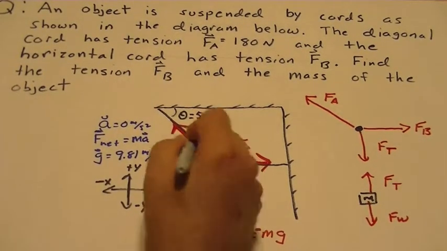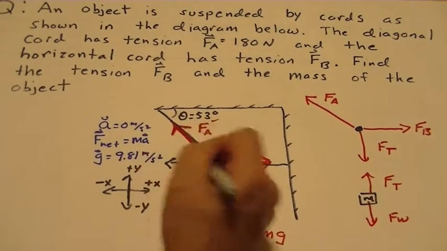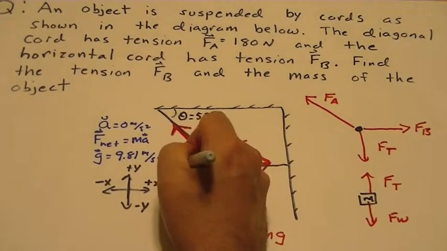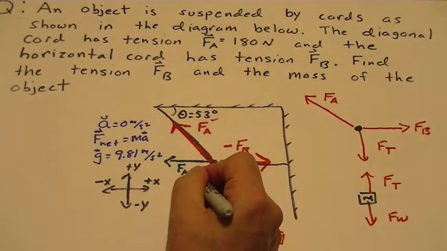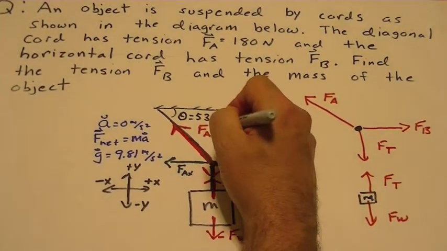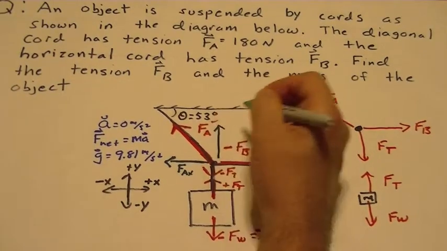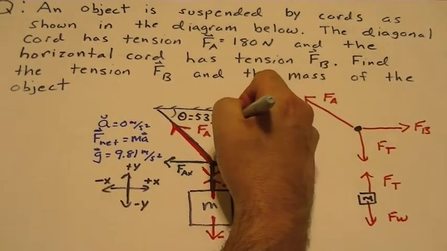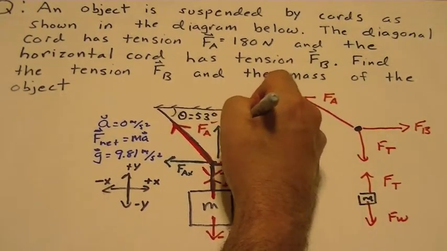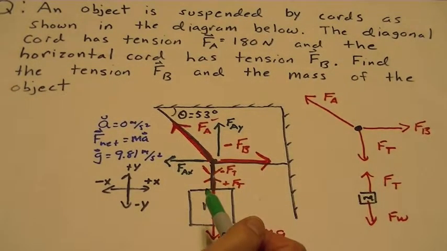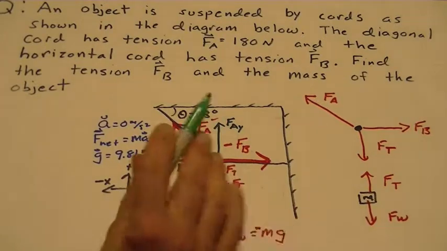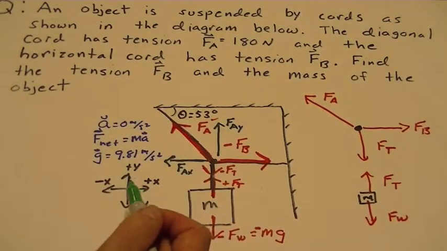But I could represent vector A as some vector in the x direction, I'll call it Fax, and some vector in the y direction, because these two vectors combined act like vector A.